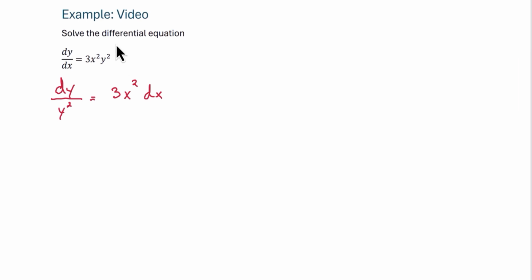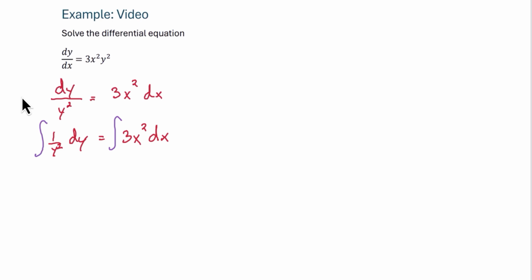Notice at this point, y's are on the left, x's are on the right. If you want, we can rewrite that left side: 1 over y squared dy equals 3x squared dx. Not super necessary, but sometimes I like to see it written like that. Next, we will integrate the left and integrate the right side.